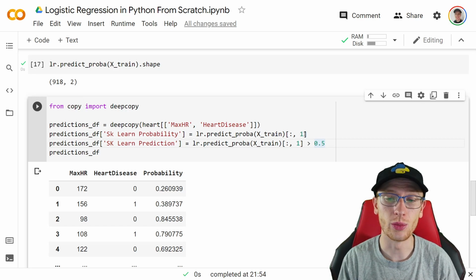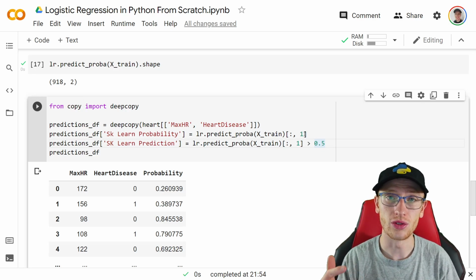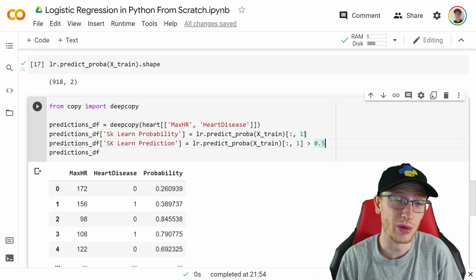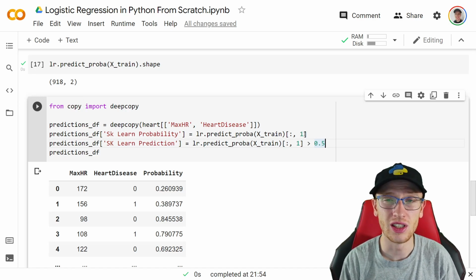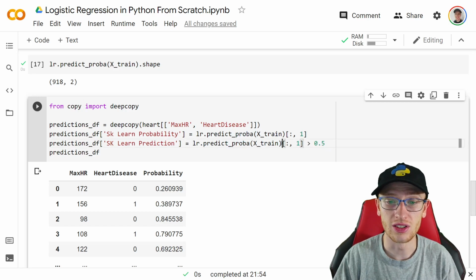I'd say it's more likely that they do have heart disease than they don't, because I give it a 60% chance, and vice versa. If it was a 40% chance, I'd say, well, I'm not super confident, but I predict that they don't have heart disease. So that's really what this does, and that's all that the predict function itself in Scikit-Learn is doing.